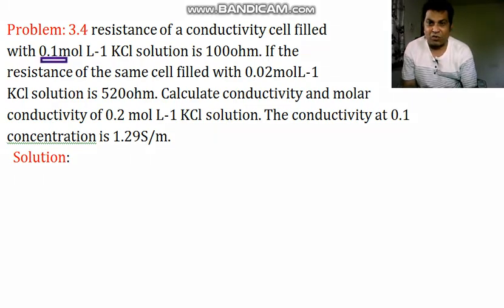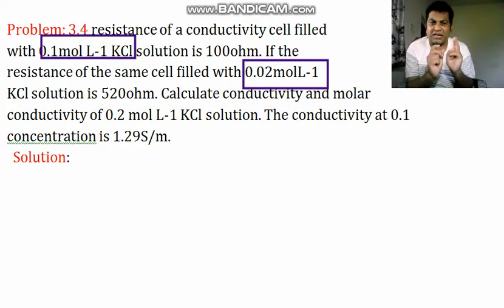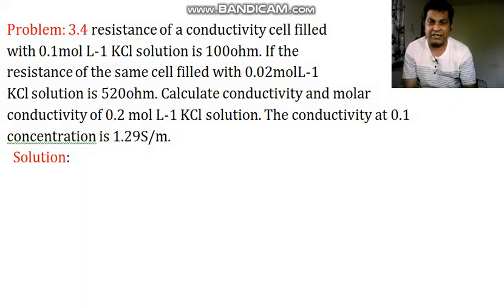So here, which things are provided, that I am going to show you first. We have been given a concentration, and another concentration also. So there are two conditions given, and we have to follow these two conditions one by one. For that purpose we will prepare one table, and come on, check out this table.